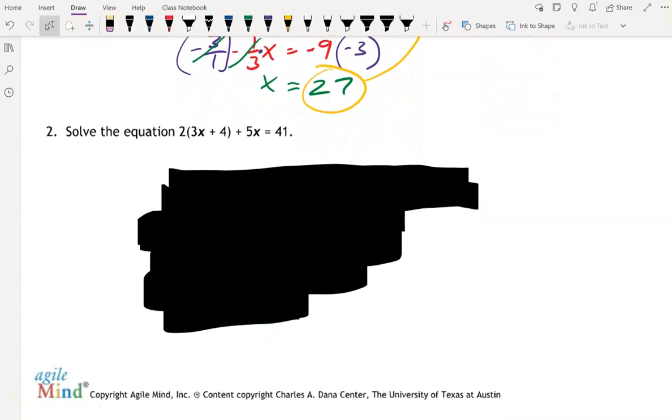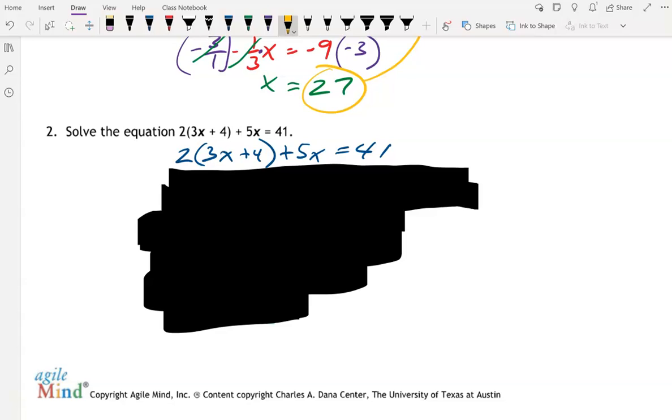All right, well, this one here, we have an interesting equation. It's got a lot of stuff going on. We're just going to start from the very beginning. So I have 2 times 3x plus 4 plus 5x equals 41. First step, I am going to distribute.